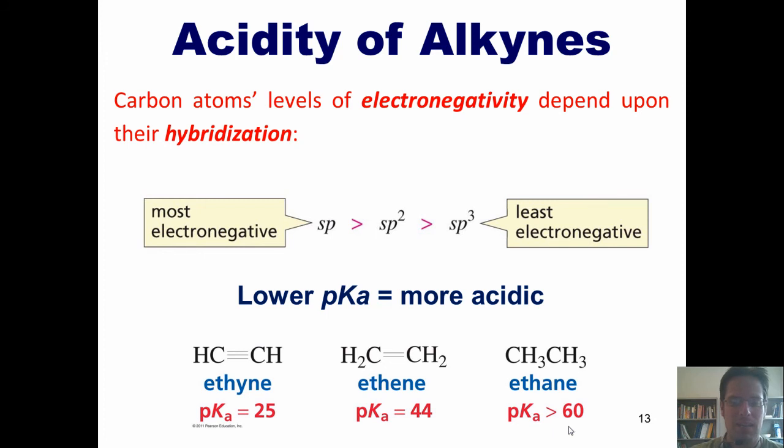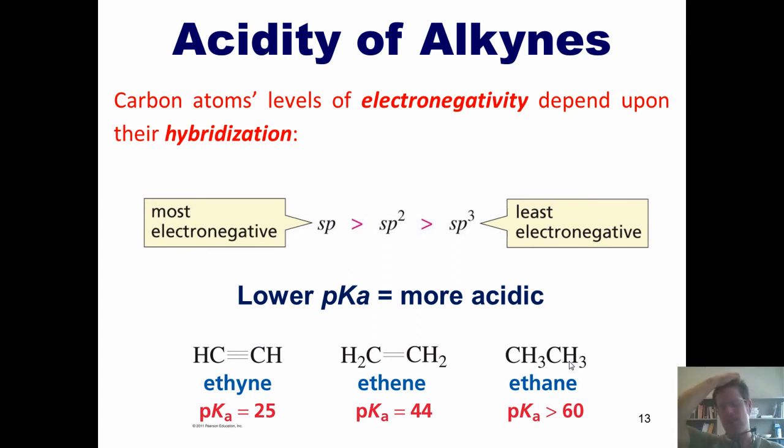Well, once again, this means that the protons which are bonded to the sp hybridized carbons in an alkyne are about 10 raised to the 20th power times more acidic than the protons that are bonded to the sp2 hybridized carbons in an alkene, which are in turn about 10 to the 20th power times more acidic than the protons that are bonded to the sp3 hybridized carbons in an alkane.